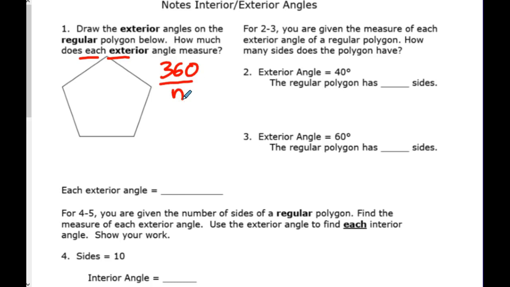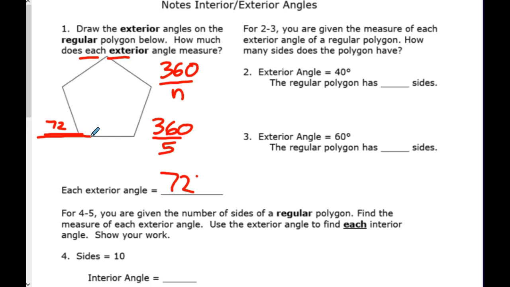How many sides? 5. So 360 divided by 5 is 72. So each exterior angle is 72 degrees, okay?